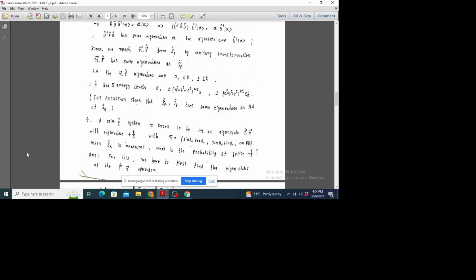Then we shall take the inner product of the Sn eigenket with eigenvalue plus h cut by 2 with the Sx eigenbra with eigenvalue minus h cut by 2. Okay, so this is what we will do. First we shall find the eigenvectors of this S dot n operator.